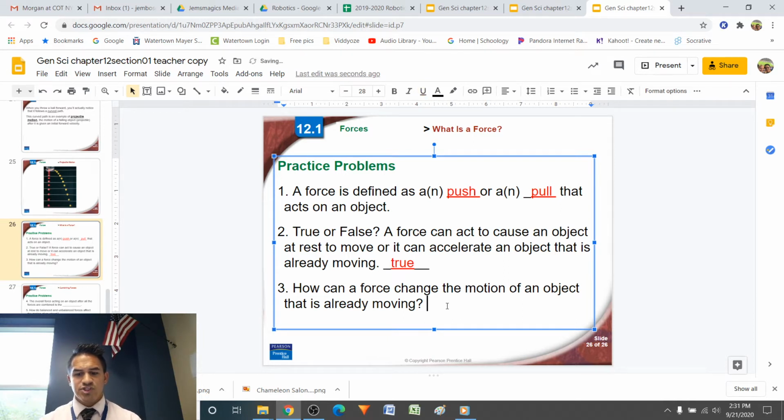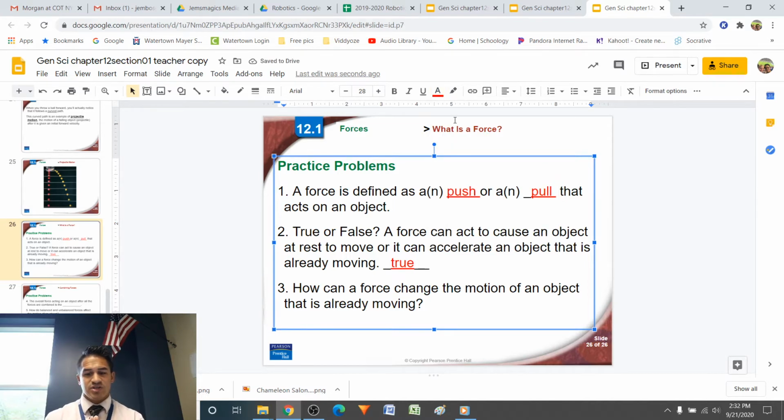Number 3, how can a force change the motion of an object that is already moving? So there's two types of forces, remember, that we talked about in this section. We have balanced forces and unbalanced forces. And whenever we have unbalanced forces, that will cause the motion of an object to change, and it will cause that motion to change by accelerating. And that means either speeding up, slowing down, or changing direction.